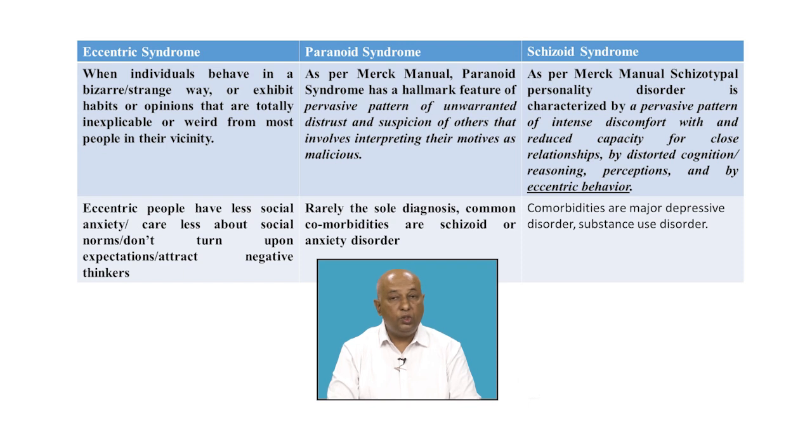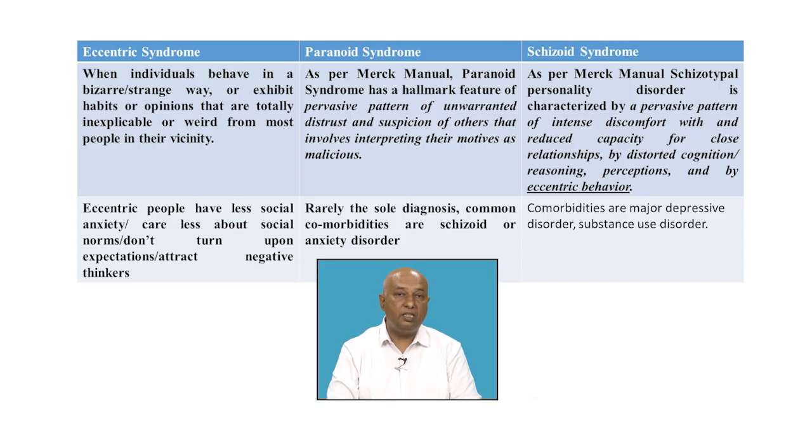What is cognition? Distorted reasoning or perception. Cognition means how we reason out the actions of others, how we judge and understand the actions of others. This is what we mean by cognition, or how we perceive the actions of other people.